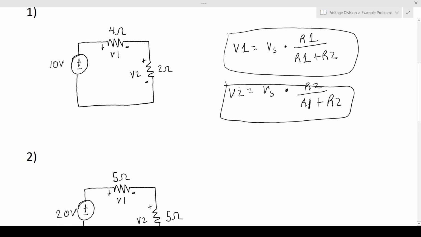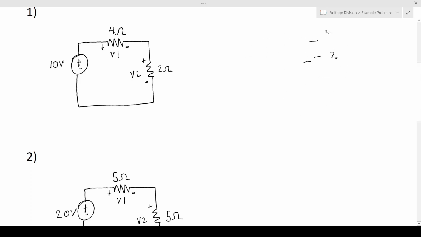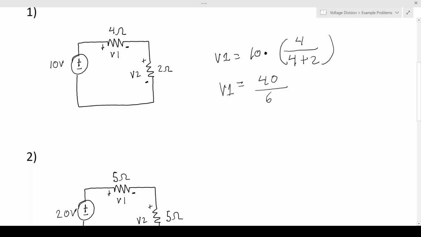So let's solve for V1 now. V1 will equal 10 volts multiplied by 4 ohms divided by 4 ohms plus 2 ohms. And we can evaluate this to be 40 divided by 6 volts.